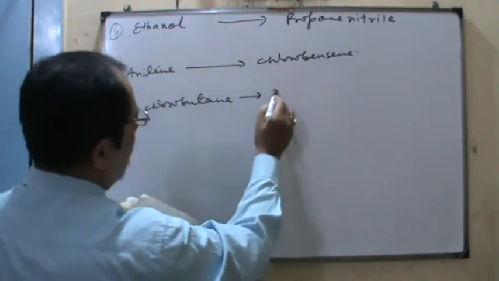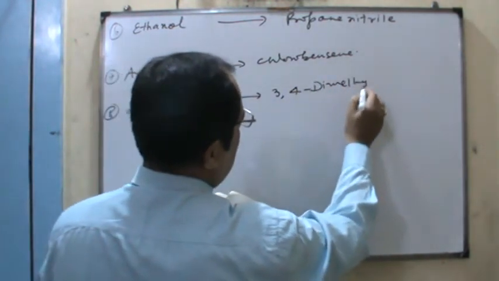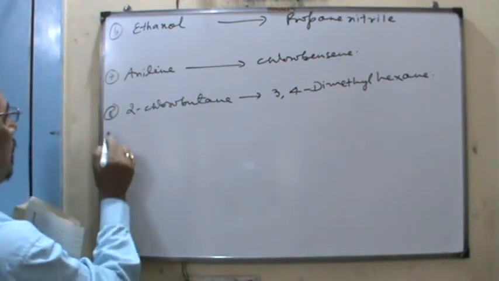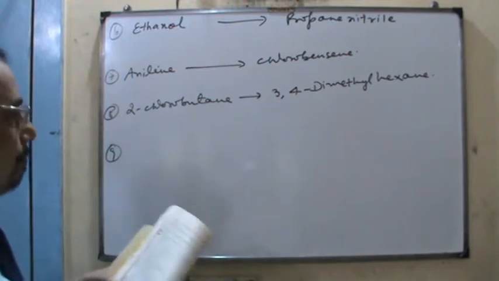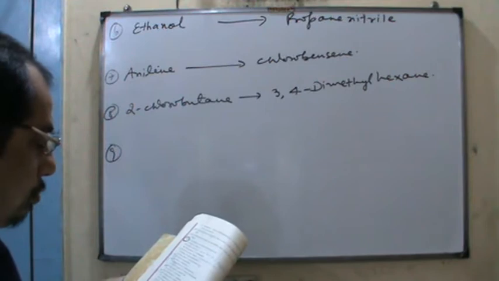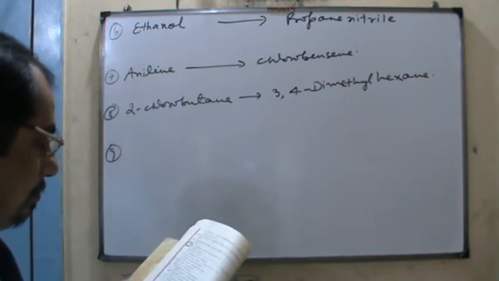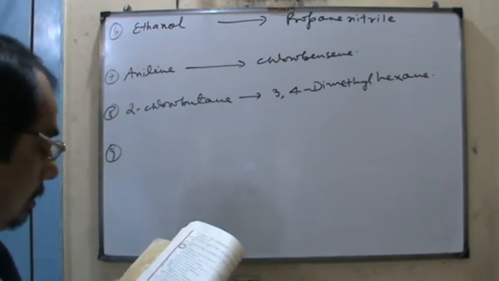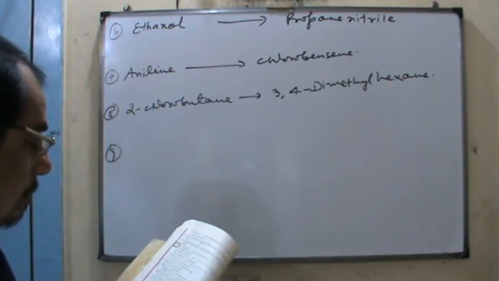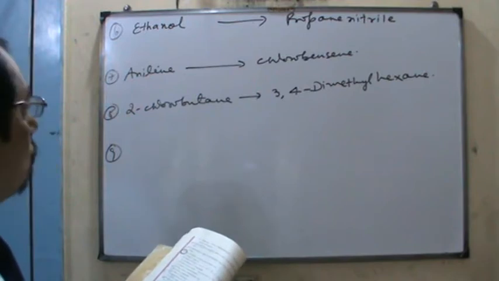Then the conversions are 2-chlorobutane, aniline to chlorobenzene, ethanol to propane nitrile, and benzene to 4-bromo-nitrobenzene. It's all right.